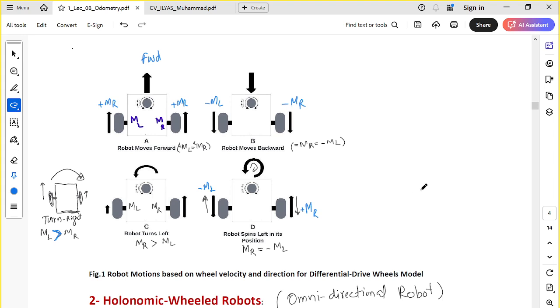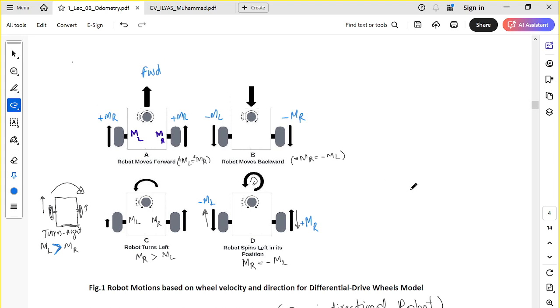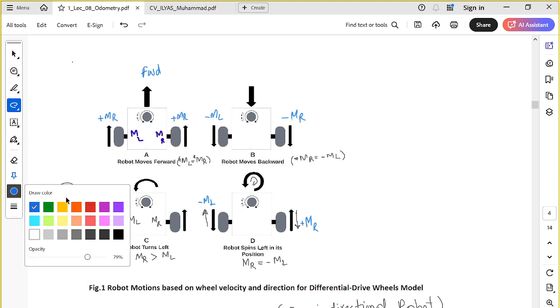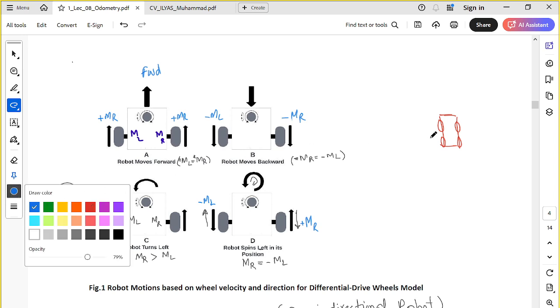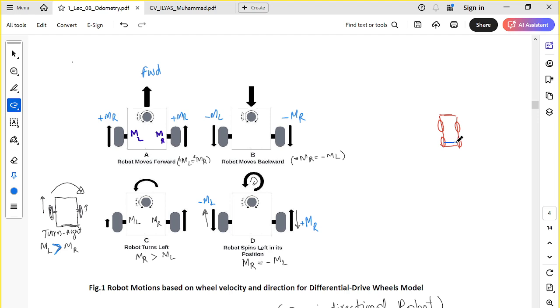The second type of non-holonomic robot, which we are more familiar with, is the car-like robot. In a car-like robot we have four wheels, but what is the difference? The rear wheels are connected through an axle, and the front wheels are also connected through an axle.